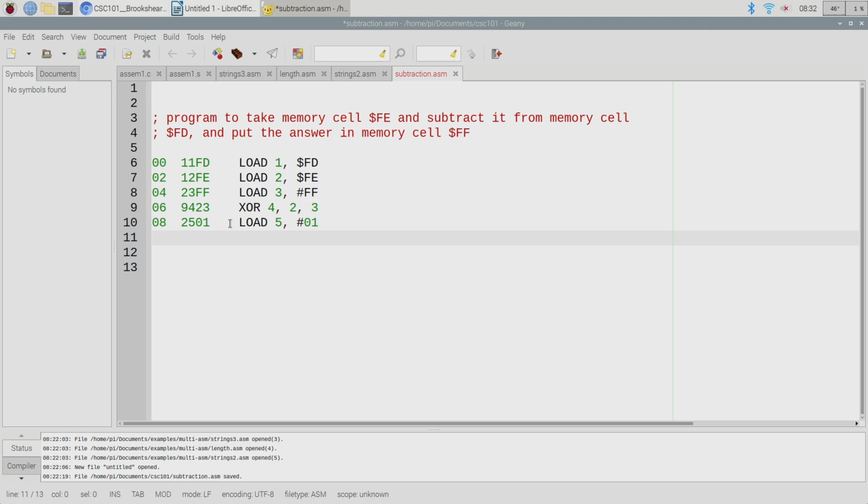Okay, pop quiz. What's the next memory address? Okay, so you see I've got 020, 02, 04, 06, 08. What's the next one, Cody? I'll give you a hint. It starts with a 0. Nope.